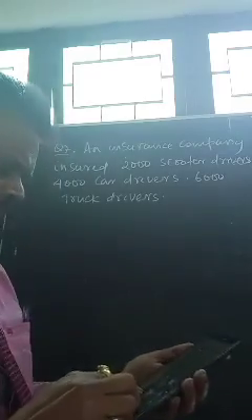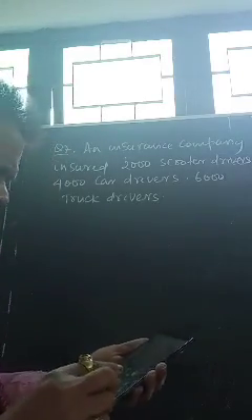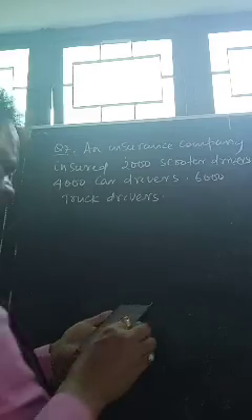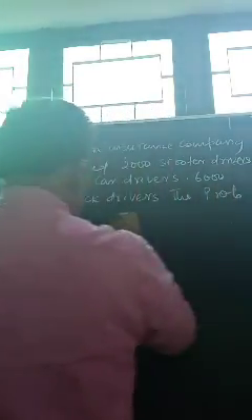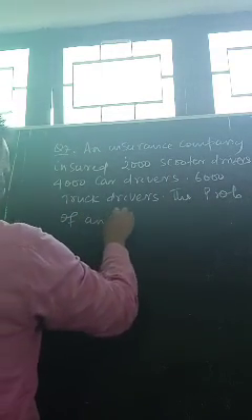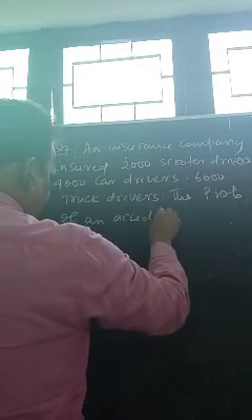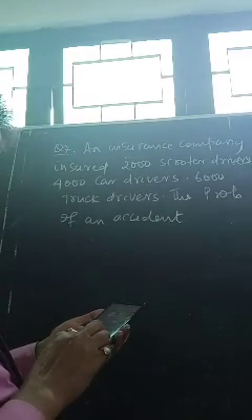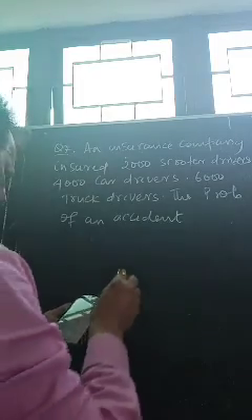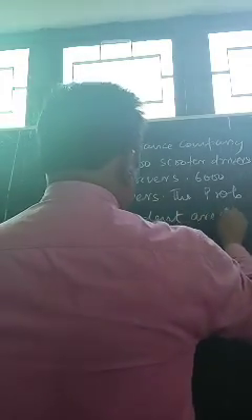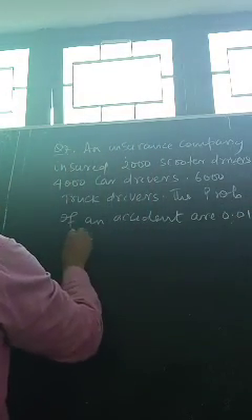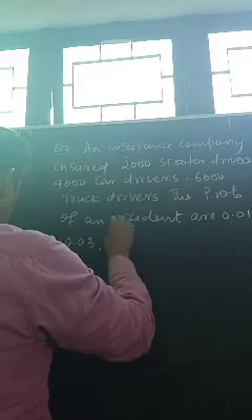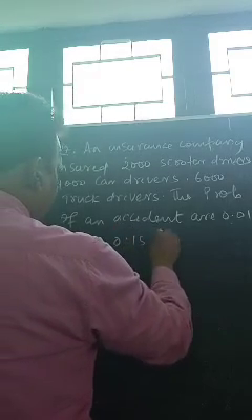Then what happens? The probability of an accident are 0.01, 0.03, 0.15 respectively.